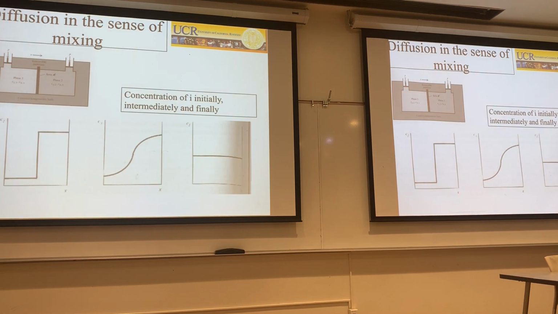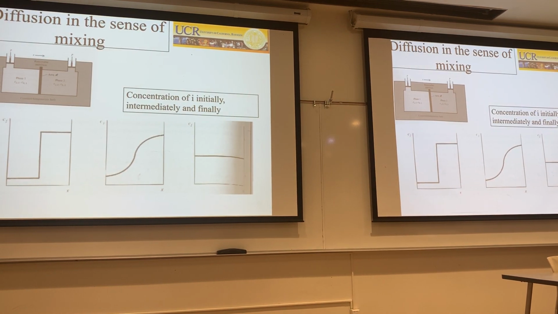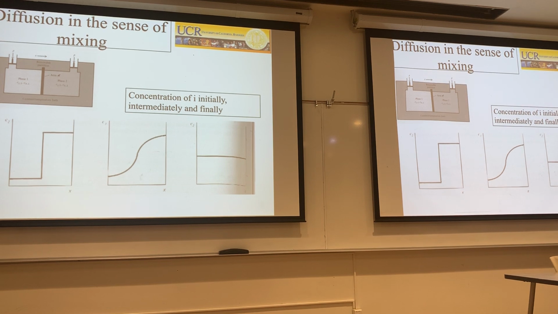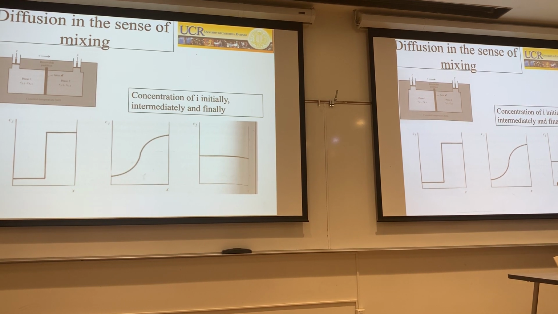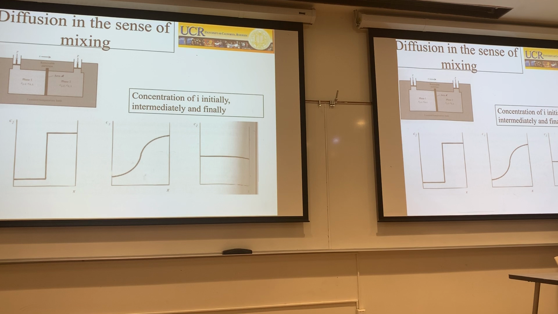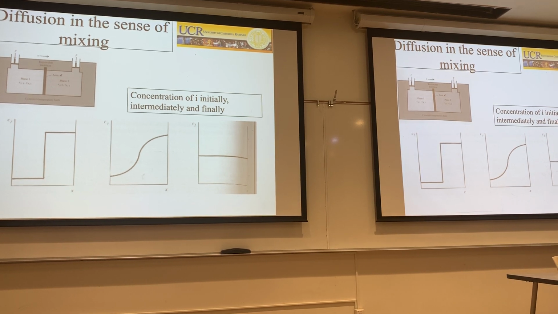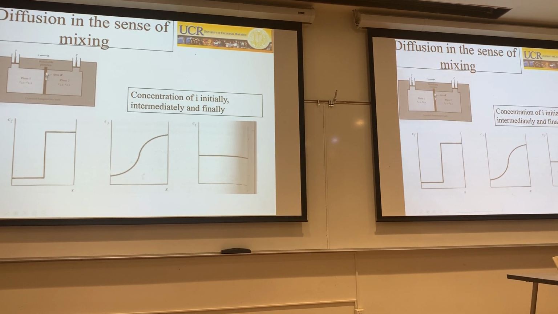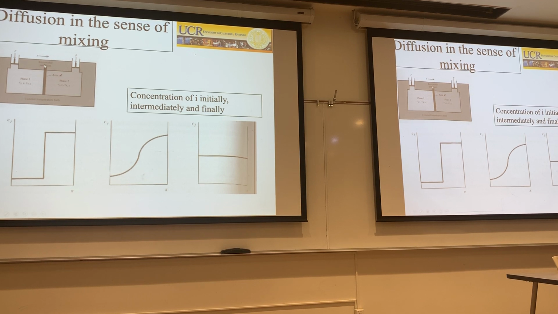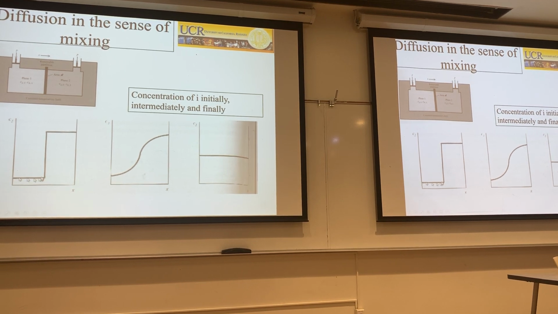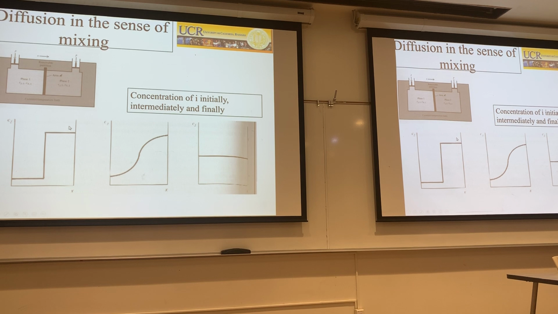So if we are interested in the change of the concentration, the flux of concentration, then it is good to think about those imagined cross-sections. So this is now not anymore a real barrier, but just an imagined cross-section. In the beginning, we had very different concentrations.